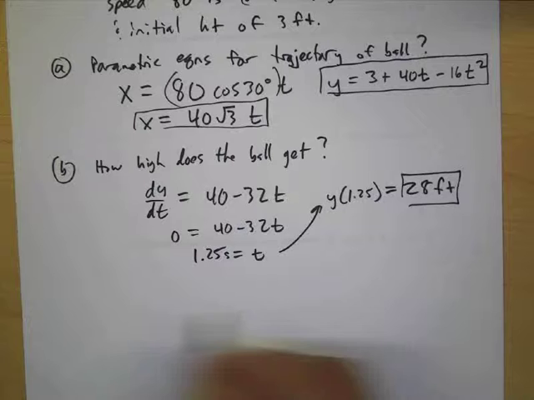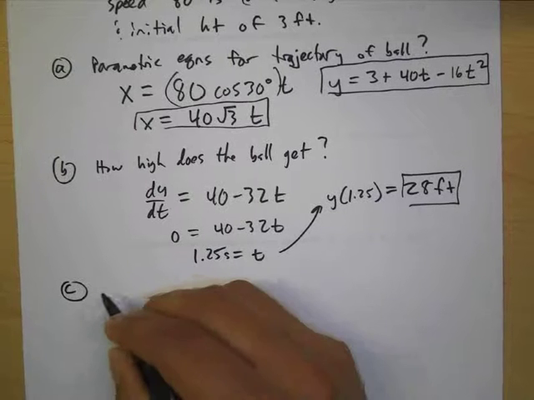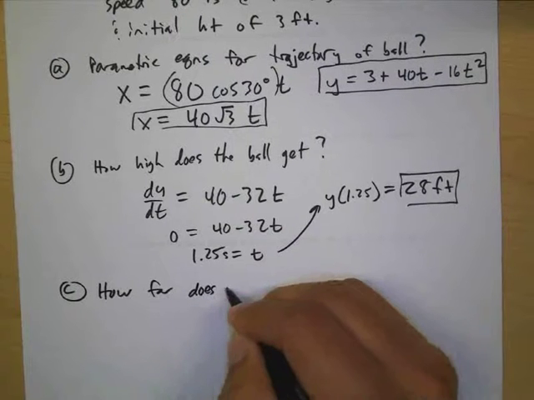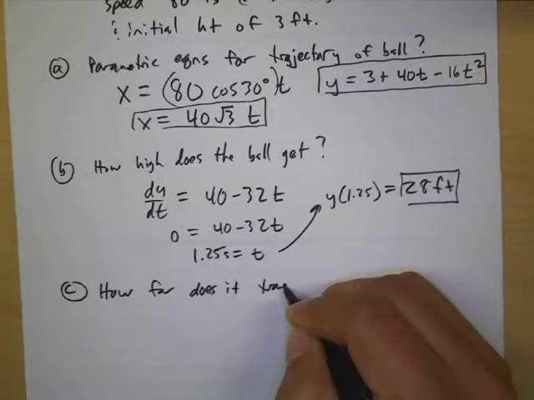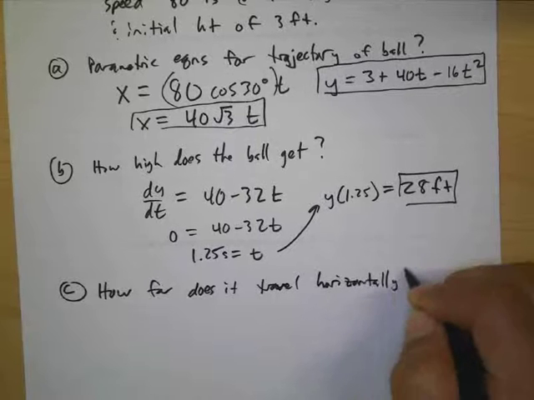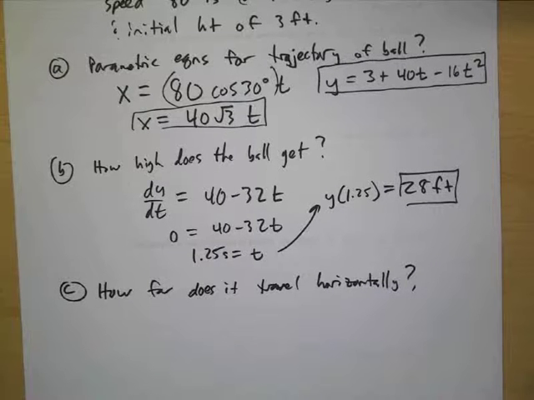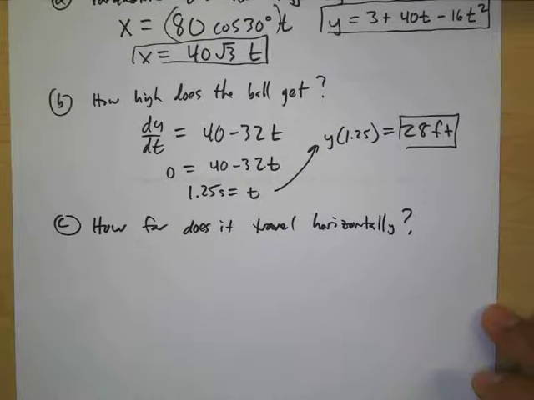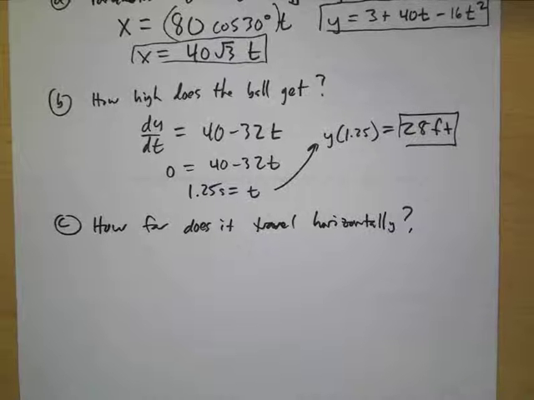Okay, a couple other things that I could ask you. How far does it travel horizontally? Set y equal to 0 to figure out when it hits the ground. Once you know the time, plug it into x, right?